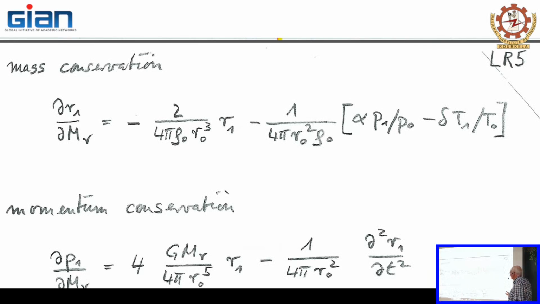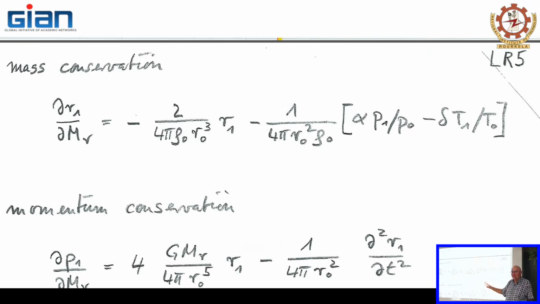Once you linearize 1 over density and express it in terms of the pressure and temperature variation, then you get this term which goes with alpha times pressure perturbation, like the linearization of density you have seen before. Alpha times P1 over P0 minus delta times the relative temperature perturbation.